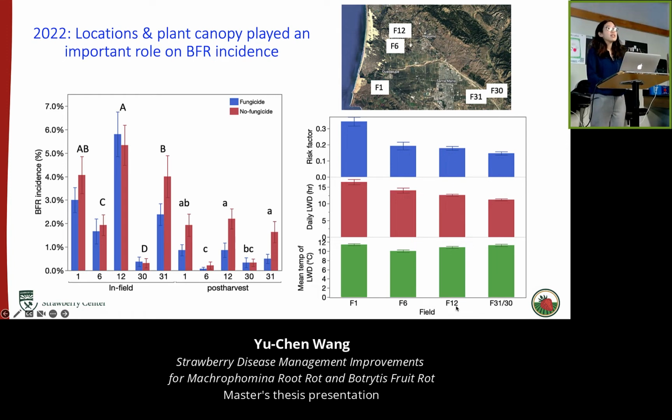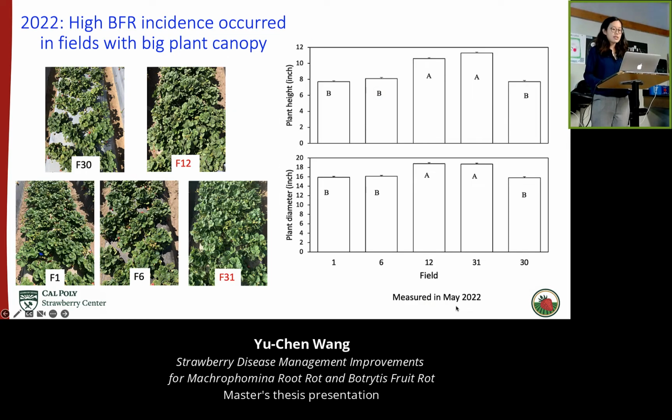So what is making this change? One hypothesis is the plant canopy size. Plant canopy size might affect microclimates such as the airflow and the humidity where the fruits are located. So we went into those fields to measure the plant diameter and plant height.